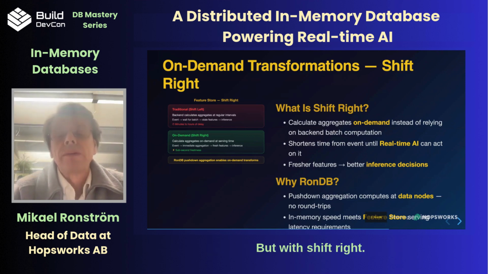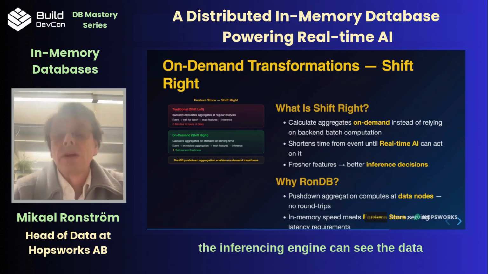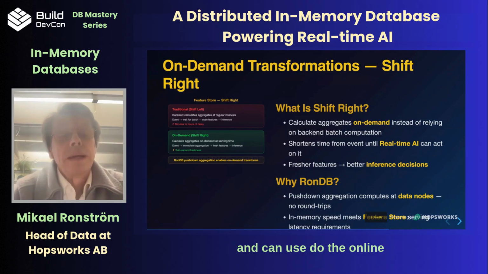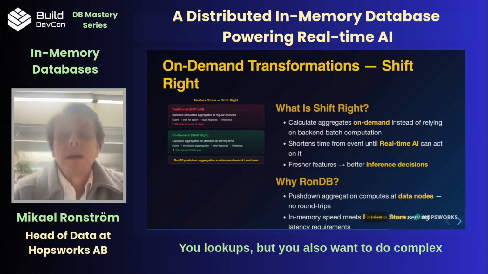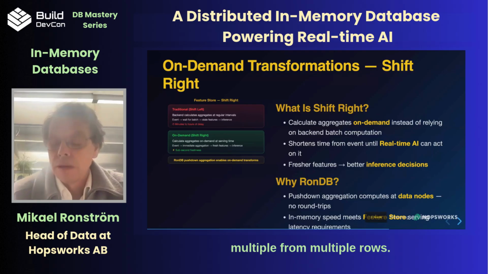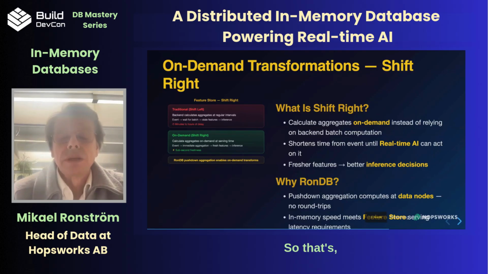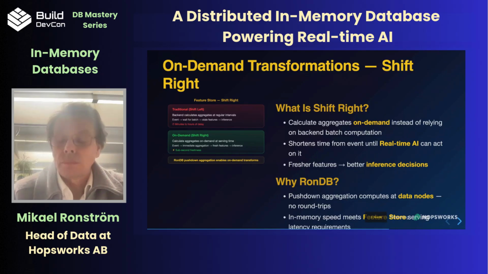But with shift right, immediately when you insert the data, the inferencing engine can see the data and can do the online aggregation. So in an AI system with inferencing, you actually want to use both key lookups, but you also want to do complex queries that aggregate data from multiple rows. So that's one feature that's very important as well.